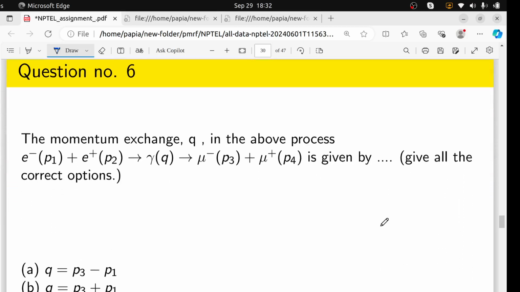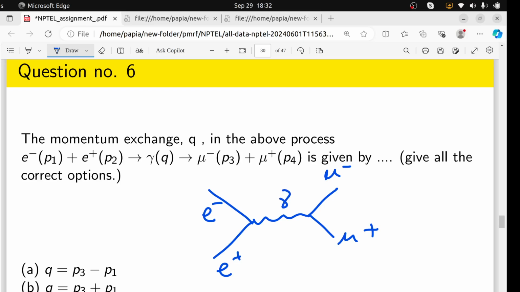The momentum exchange Q in the above process is given by what? Again, let me write the Feynman diagram quickly: e minus, e plus, mu minus, mu plus, gamma. Now this is Q. This is P1, P2, P3, P4.